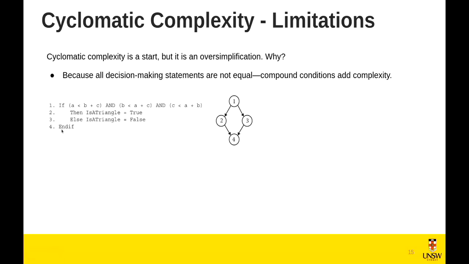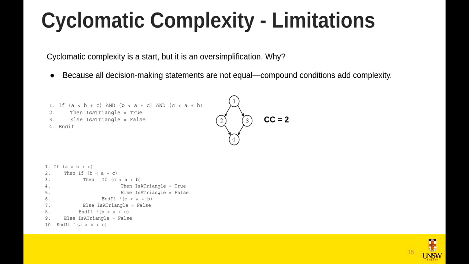Let's consider this and if as an independent node. So the cyclomatic complexity for this graph is pretty simple. It's just 2, and we can also implement the program like this. We can dissect this compound condition into multiple nested ifs, and this is what we can get.